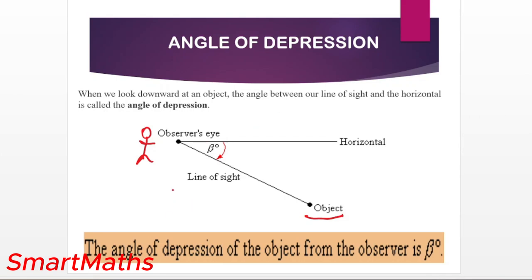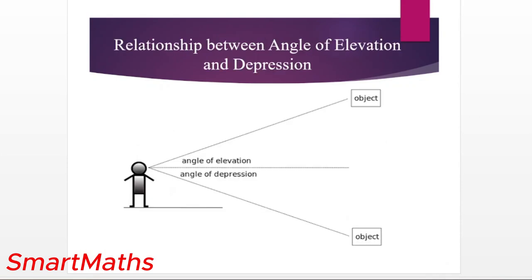So that is what is referred to as angles of elevation and what? Depression. Let's now look at the relationship between angle of elevation and depression. If you look at this man now, by the time he's looking at the object above him, the man will have to raise the head up to form an angle of elevation.